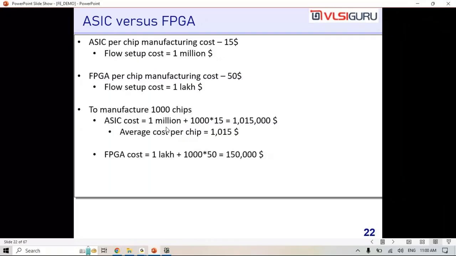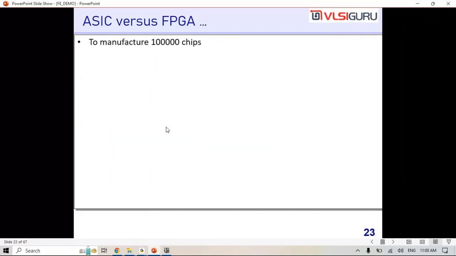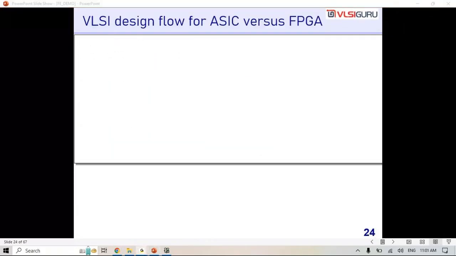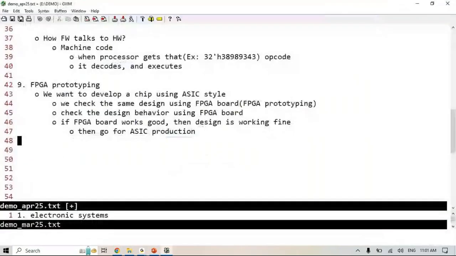I think we have already discussed this. No need to spend all the time. Talking about VLSI and ASIC design flow, I mean ASIC versus FPGA flow, in this entire VLSI flow there are two major steps. What are the two major steps?